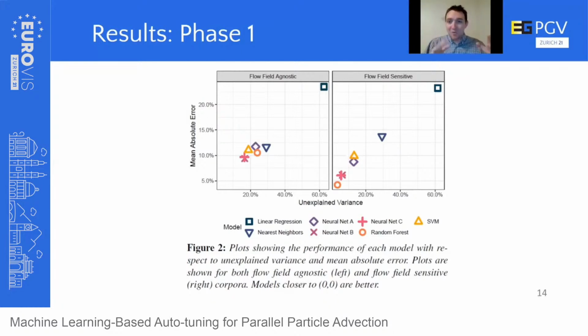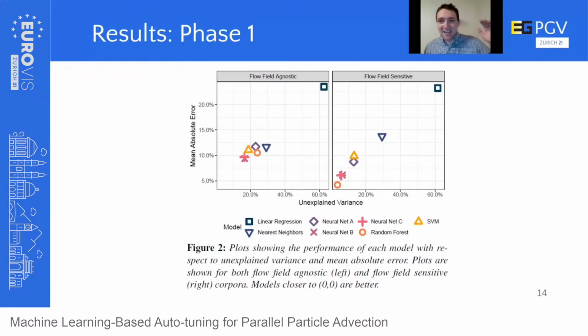So in our training data, we had all these characteristics, but we didn't tell the machine learning algorithms anything about our underlying flow field, and we called that flow field agnostic. We also said, well, maybe having a clue about the underlying flow field would be helpful. And in that case, for each of our data sets, we just gave it a label.